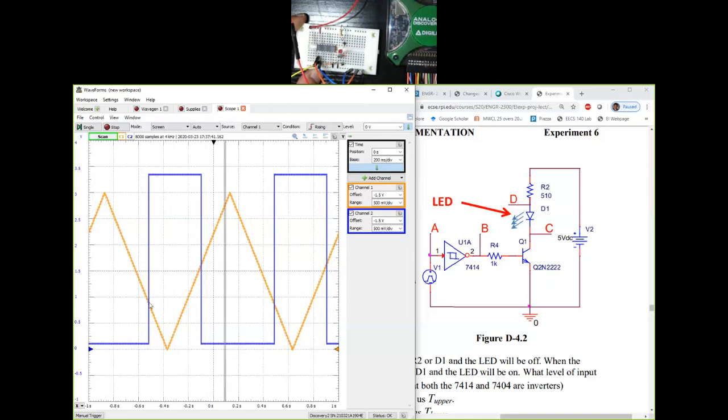So the output switches from low to high when the input is close to 1 volt, but it switches from high to low when the input is close to 1.5 volts. The specific details are laid out in the plots that I uploaded on Piazza, so you can take a look at the precise numbers over there.